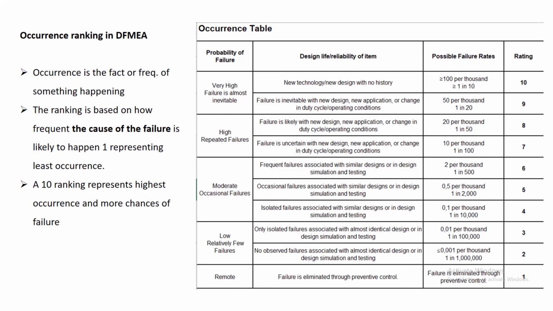If it happens 10 per 1,000 or 1 in 100, in respect to the internal manufacturing line or external customer claims, then it can be categorized into 7. So basically, ranking and categorizing is all dependent on the data that we have received from external and internal claims or failure rates. I hope this occurrence is clear now.